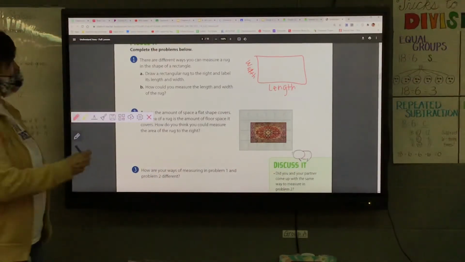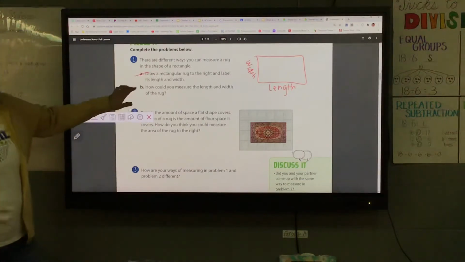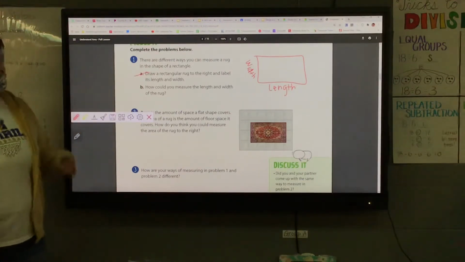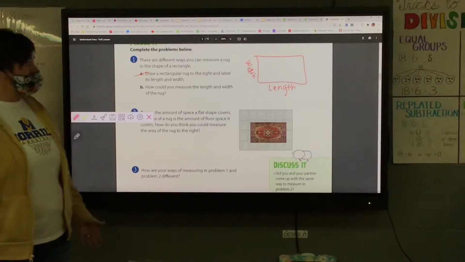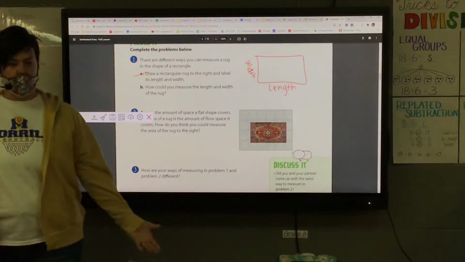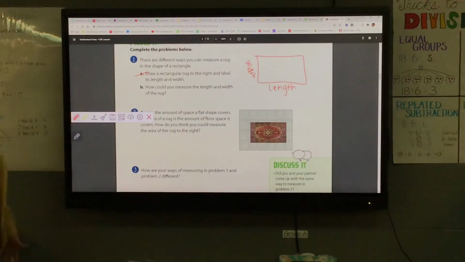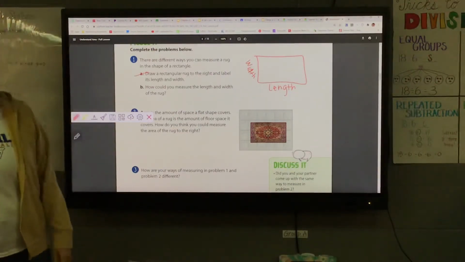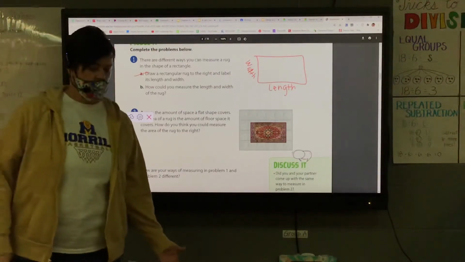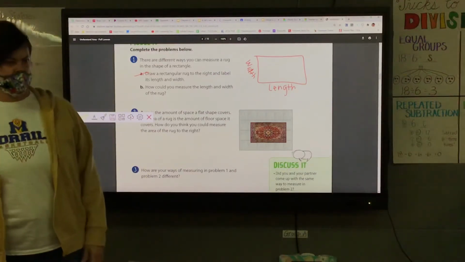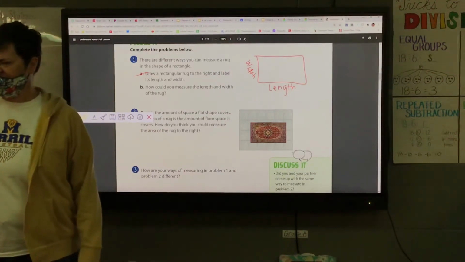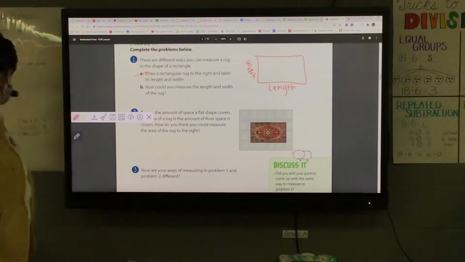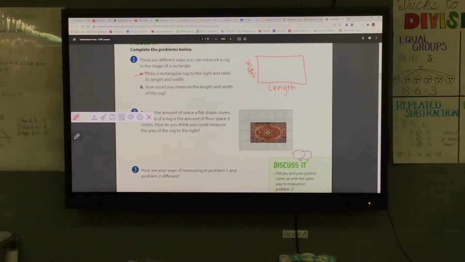So we just took care of A. Now, B asks, how could you measure the length and width of the rug? Would you just look at it and say, oh, that's about 2 inches by 4 inches? Is that how you'd measure it? No. How could you measure it?